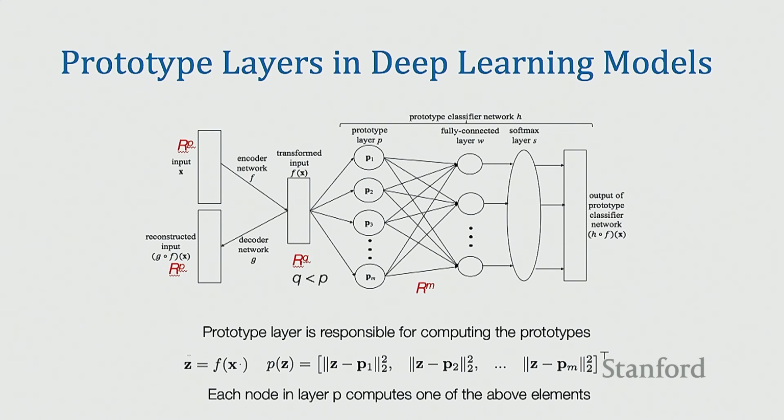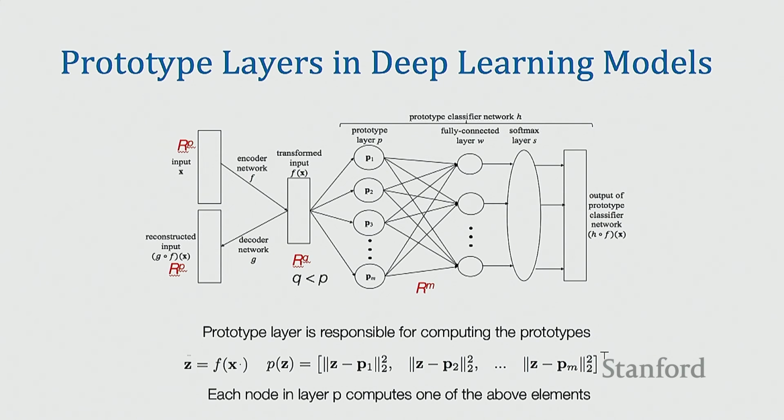So in some sense, each node is just outputting the distance between the input point, or some transformation of it, and the prototype chosen so far. Now the dimensionality of that vector will be m, because you get one distance value with respect to each prototype.